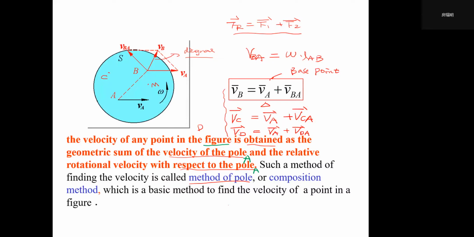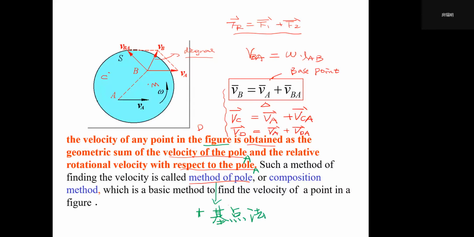That's how we have this expression. Such a method of finding the velocity is called the method of pole. Actually, in Chinese, we call that 基点法. I'm sorry, I'll write it again. 基点法.